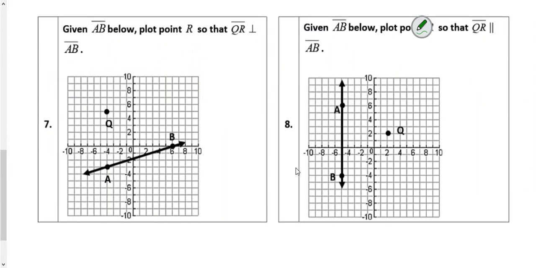Okay, let's look down at the graphs. Remember, slope and graphs, you always have your rise over your run. So for 7, starting on the left, if we count our rise over our run from A to B, we go up 1, 2, 3. So for AB, I went up 3, and then I went over 1, 2, 3, 4, 5, 6, 7, 8, 9, 10.